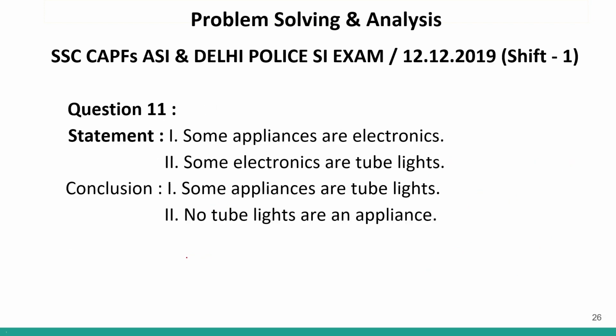Okay. Now, question number 11. Again, statement and conclusion. This is a question on syllogisms. In syllogisms, we use the concept of Venn diagrams. This we have already explained to you. Now, some appliances are electronic.